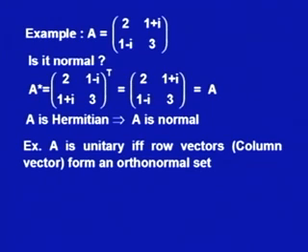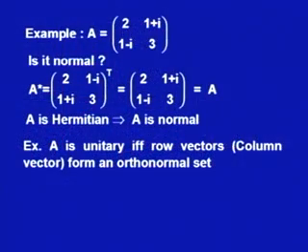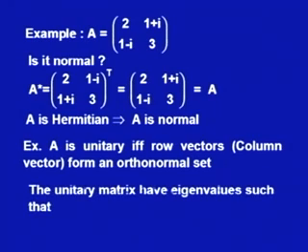We write this as A is unitary if and only if the row vectors form an orthonormal set. This result is not only true for row vectors, it applies to column vectors also: A is unitary if and only if the column vectors form an orthonormal set. This is the first result to be proved by the viewers.